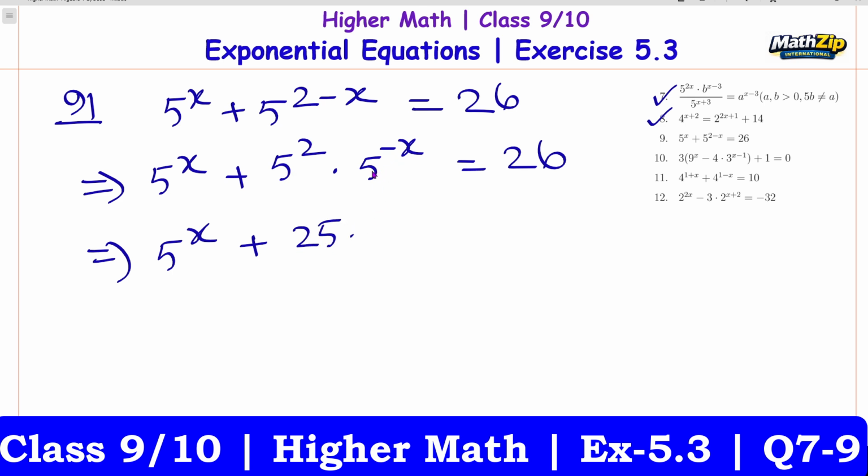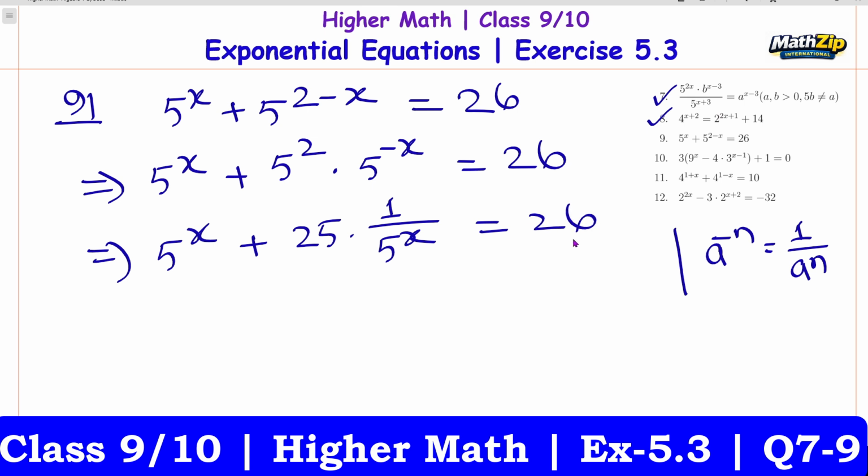And for 5 to the power minus x, as per the negative exponent rule, a to the power minus n means 1 divided by a to the power n. So we can also write 1 divided by 5 to the power x, equals 26.